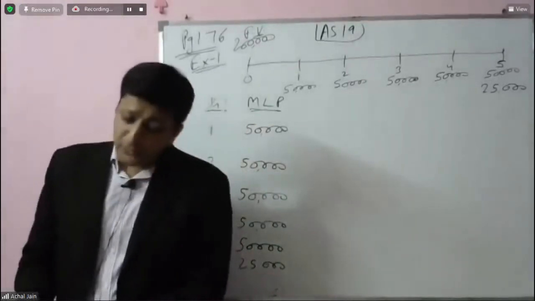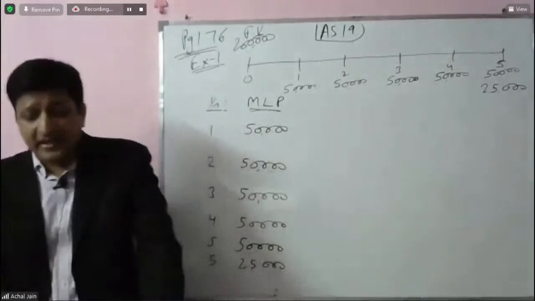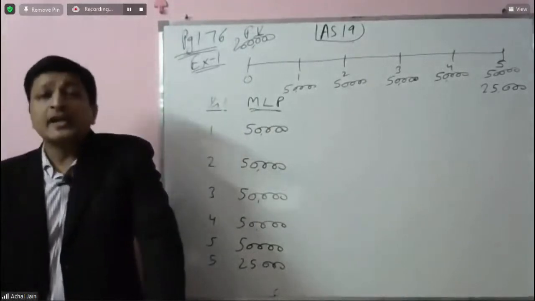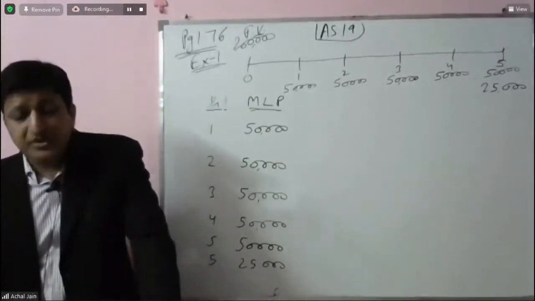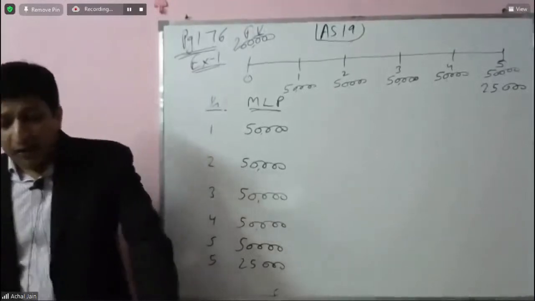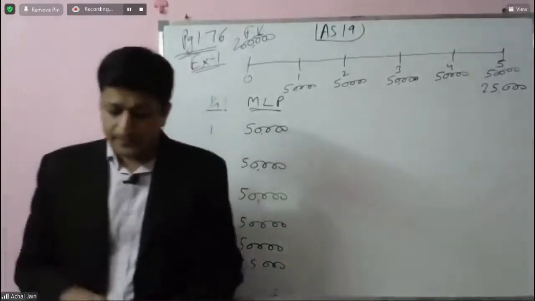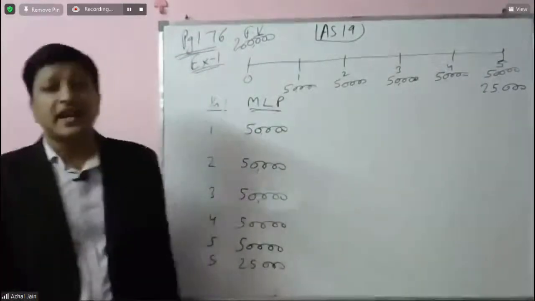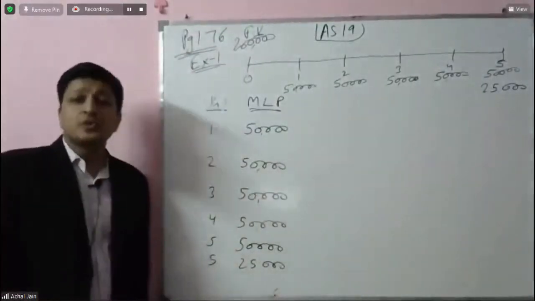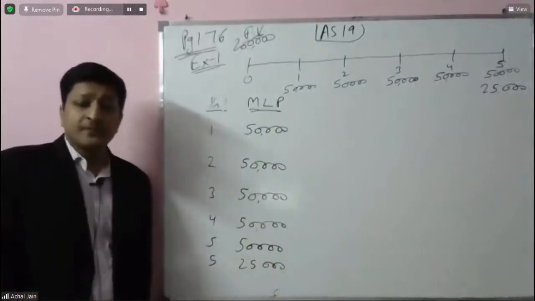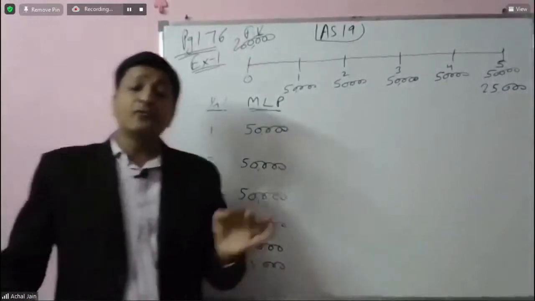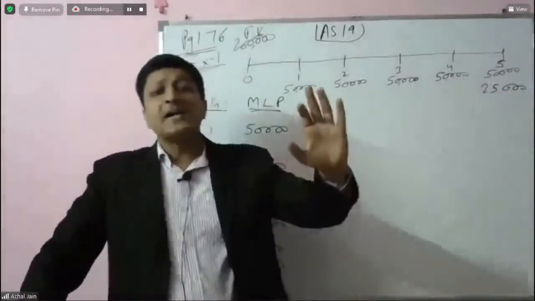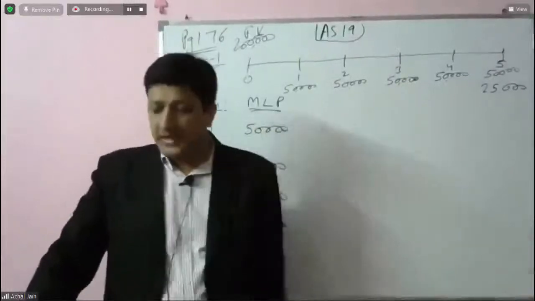If you look at the MLP, in case of lessee, what do we include? We include only the residual value which is guaranteed by or on behalf of the lessee. So this residual value which is unguaranteed, it appears it's been assumed that it's the value which is guaranteed by a third party on behalf of the lessee.